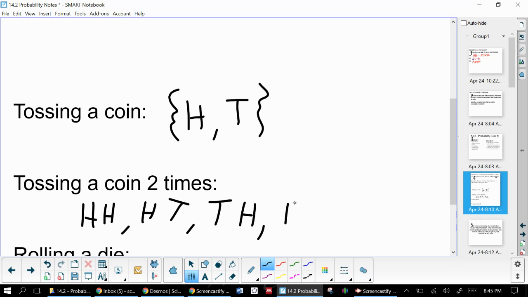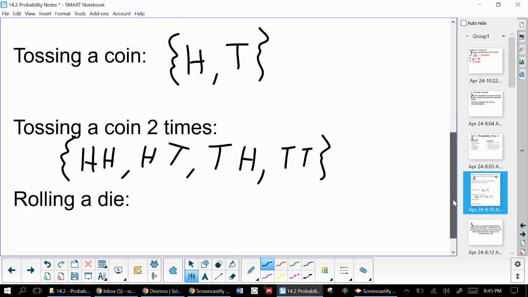Or I could get tails the first time and tails the second time. And so this represents the 4 different things that could happen when you toss a coin twice. Each of these elements of our sample space consists of 2 separate things, but there's 4 items here, 4 different possibilities for flipping a coin twice.